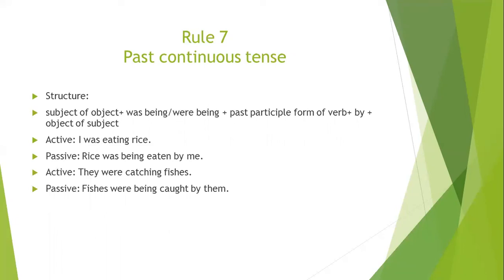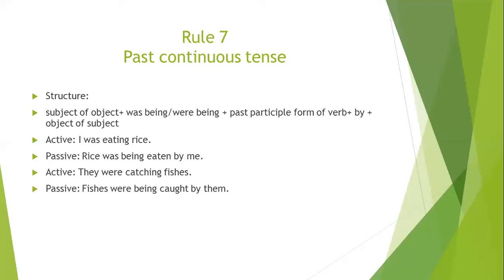That is subject of object plus was being or were being plus past participle form of verb plus by plus object of subject. At first, in the active voice, if you say, I was eating rice, in the passive form, you'll have to do, rice was being eaten by me. Cadets, again I'm reminding you, be careful about this rule because it is in a continuous tense, that is, in a running form.